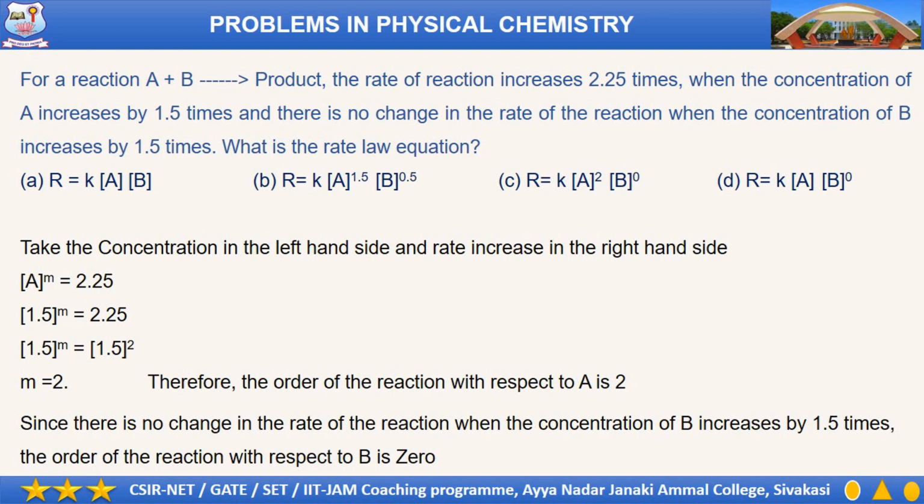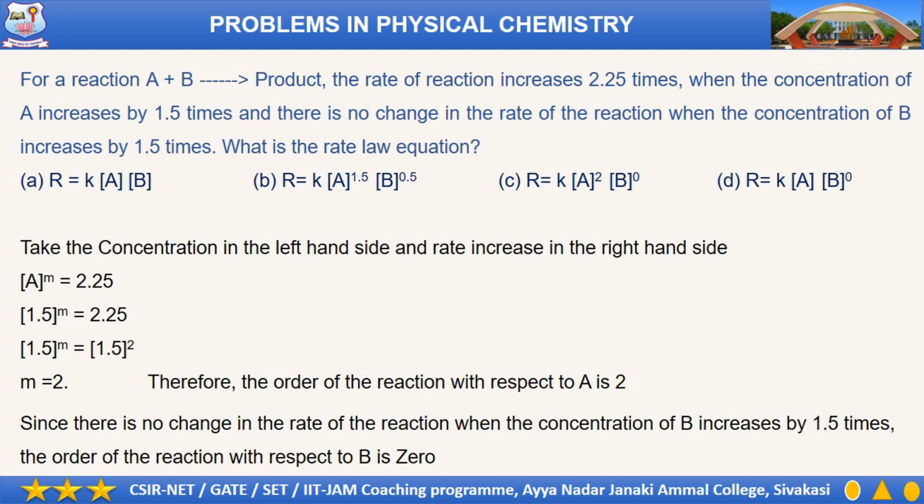I think you understand this. What is the concentration change? Write down this and let us assume the order of the reaction with respect to A is m. Here the concentration is increased 1.5 times. Therefore, 1.5 power m is equal to 2.25.